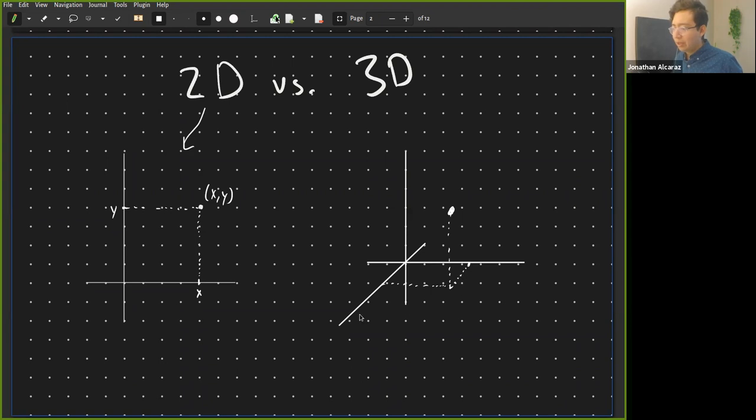So as a convention, in 2 dimensions we always put the first coordinate, the x coordinate, as the horizontal distance, and the y coordinate is always the vertical distance. That's just how we do it. Your x-axis is always down here, and your y-axis goes up and down like this.